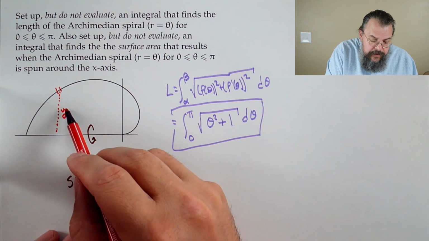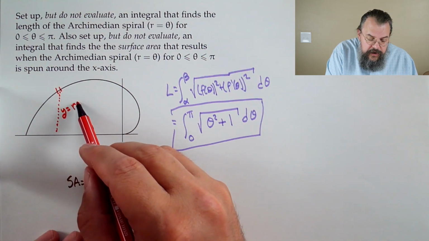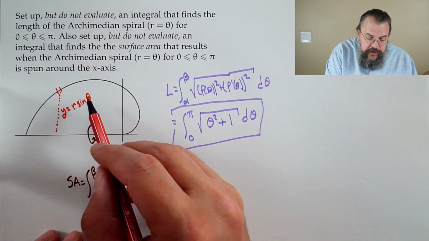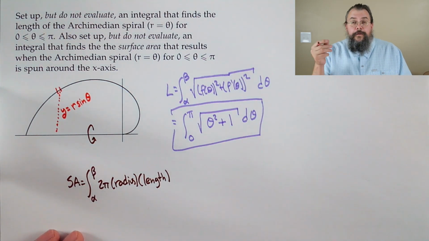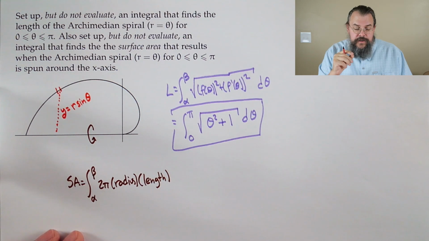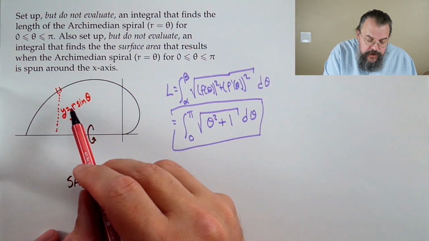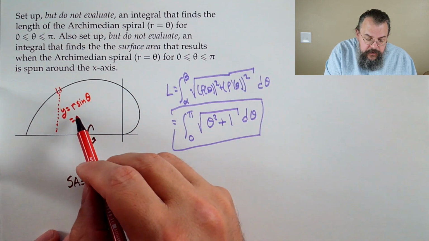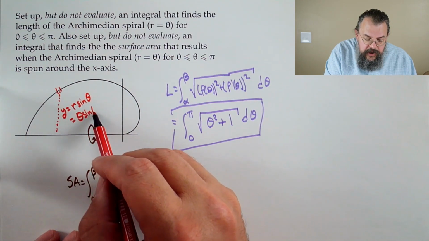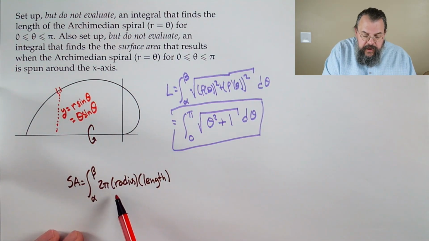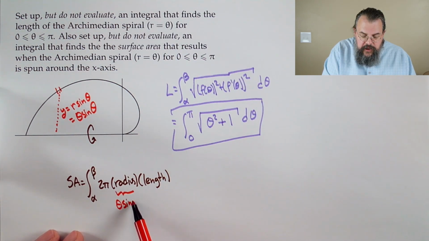Well, in our case, we would usually think of it as r sine theta. So that's how we convert a y coordinate between polar and Cartesian. Well, in our case, we know we're on the curve r equals theta, so we have theta sine theta. So that's our radius, theta sine theta.